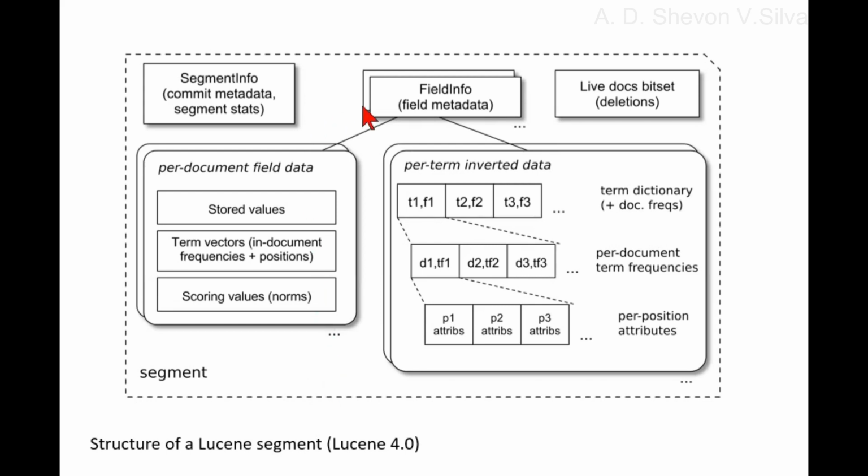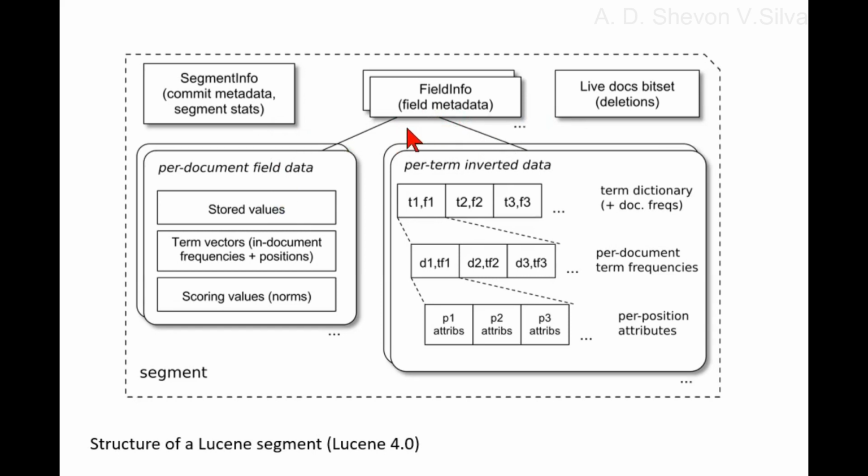Here you can see segment info, field info, live docs bit set, per-document field data, and per-term inverted data in a segment. Here the segment info holds commit metadata and segment stats, and here you can see field info, the field metadata.